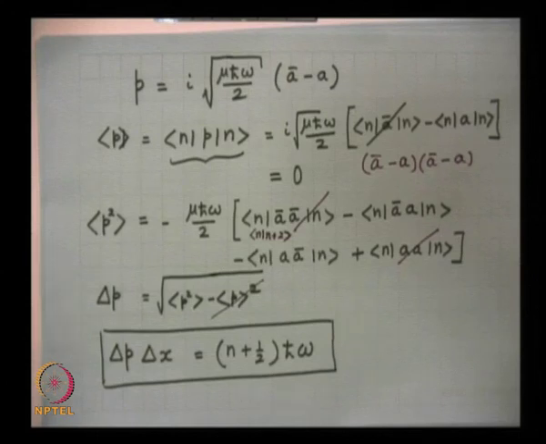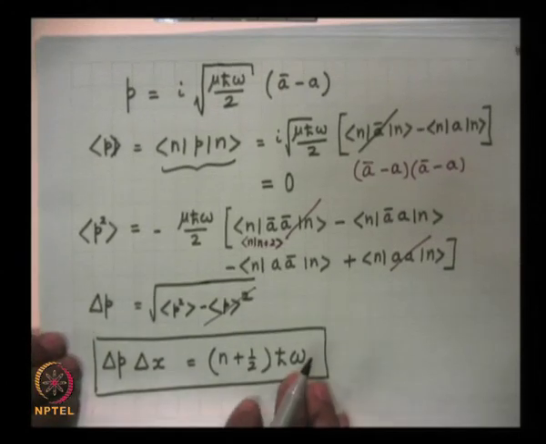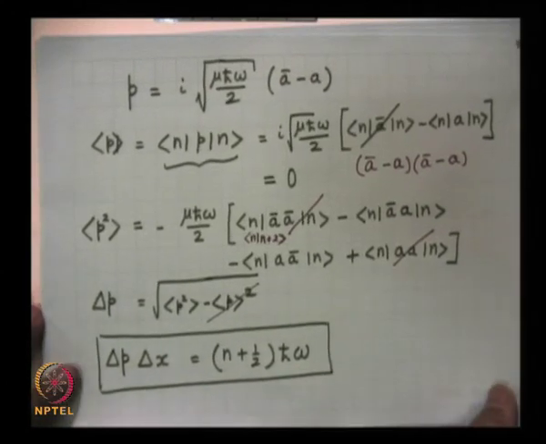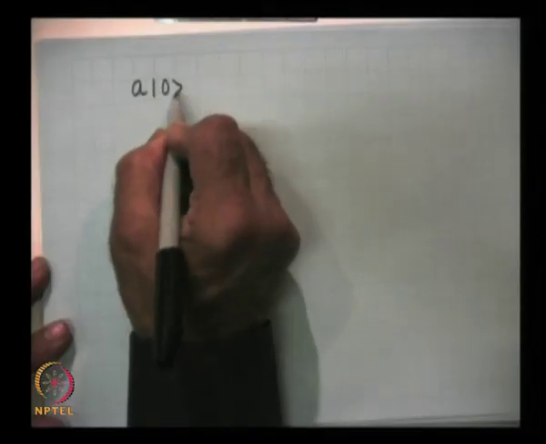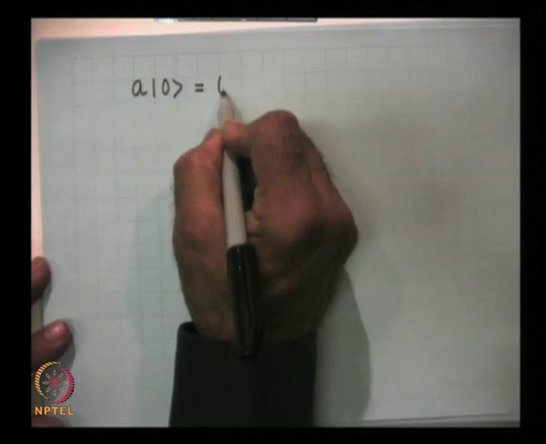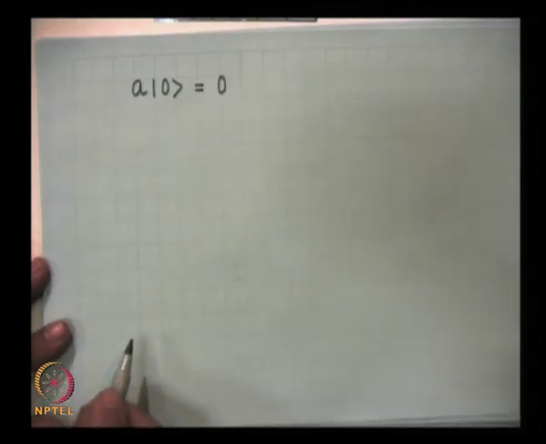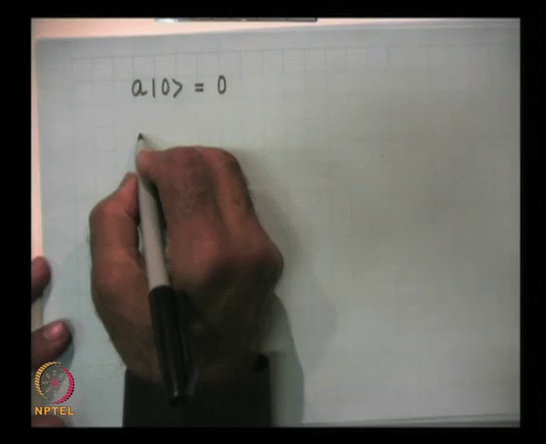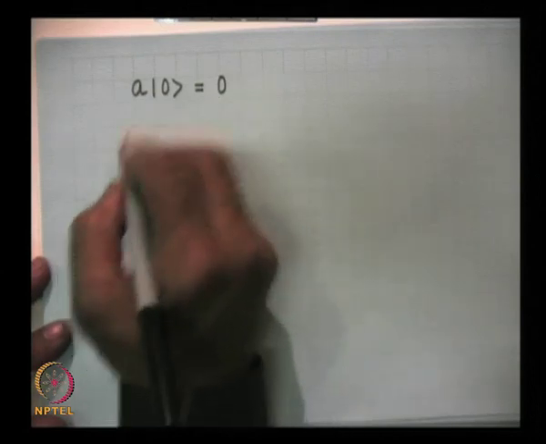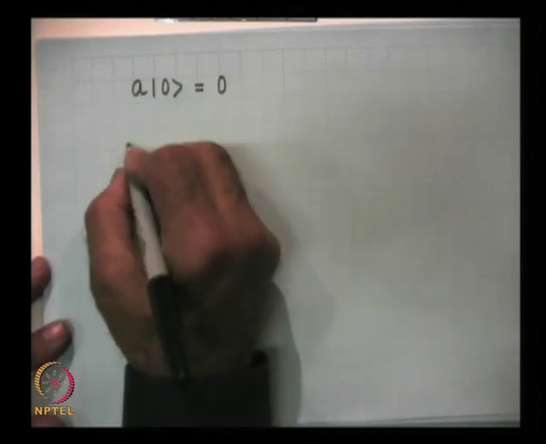Now, so this completes one. We had said in our last lecture that A ket 0 is a null ket, and so therefore the corresponding Schrodinger wave function will be such. What is the A operator?